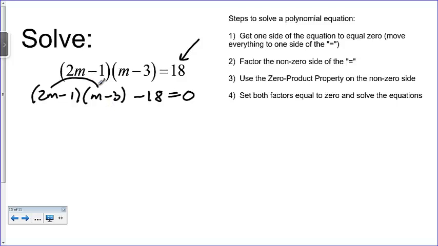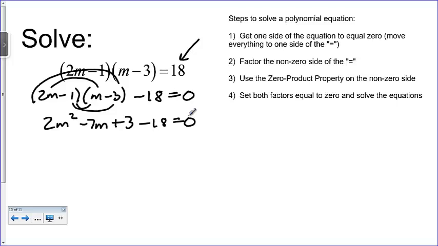FOIL. Product of the first terms is 2m squared. Product of the outside terms is minus 6m. Product of the inside terms is minus 1m. So when we combine, I get minus 7m. And then the product of the last terms is plus 3. And then I still have this minus 18. Now you're going to collect these like terms, and I get 2m squared minus 7m minus 15.